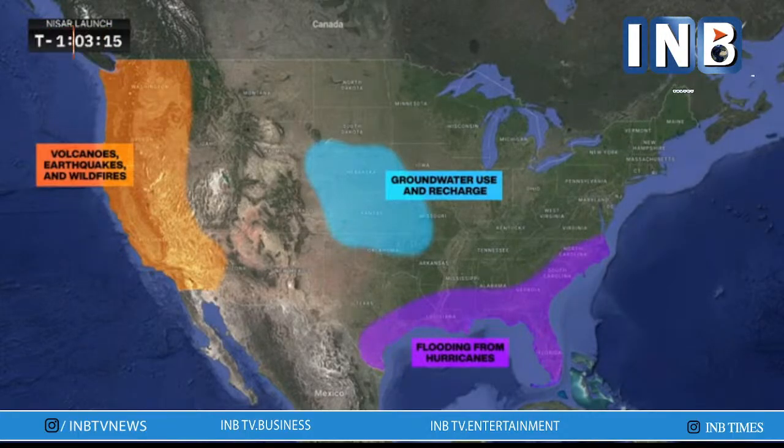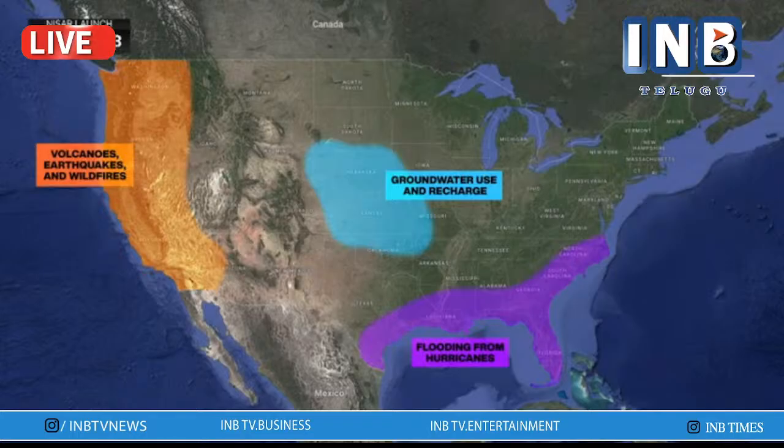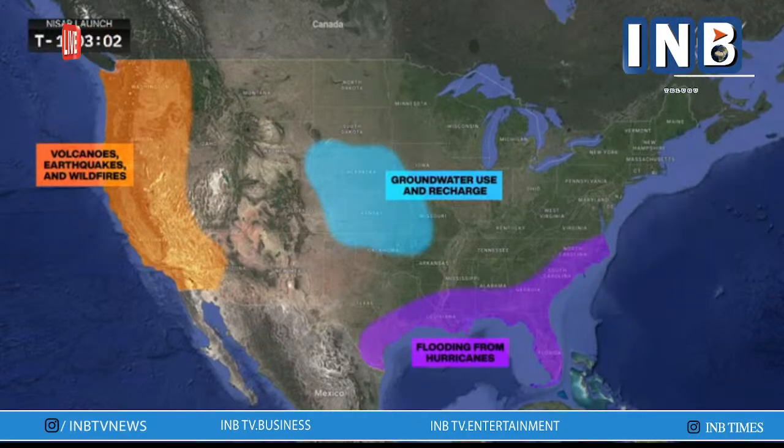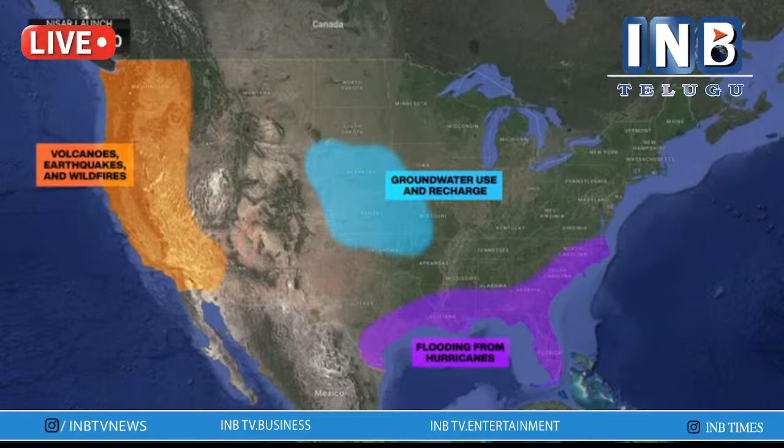Turning to the southeast, floodwaters from hurricanes, NISAR can track those, and we don't want to leave out the Midwest. A lot of agriculture, NISAR is seeing land subsidence that's due to groundwater pumping and then recharge, which is really important for groundwater management. So pretty much everywhere you go, NISAR will make an impact.